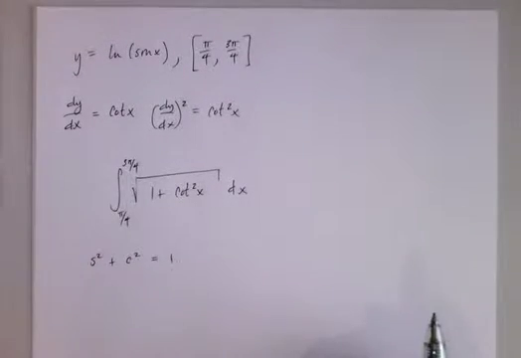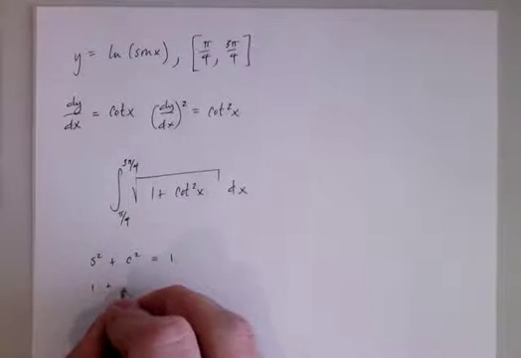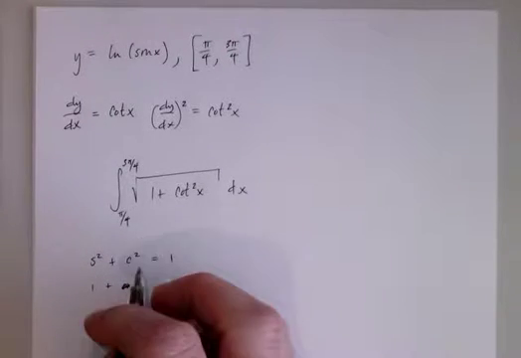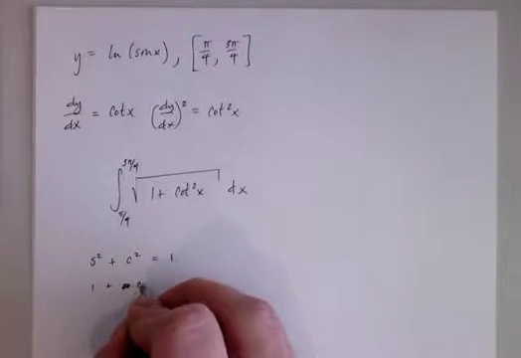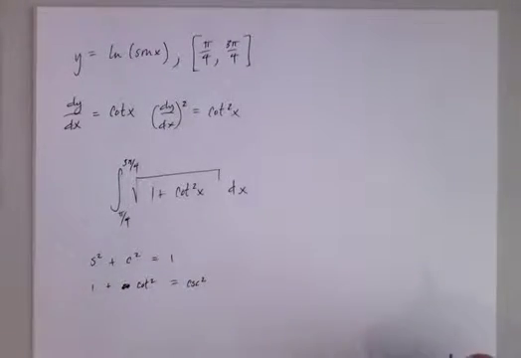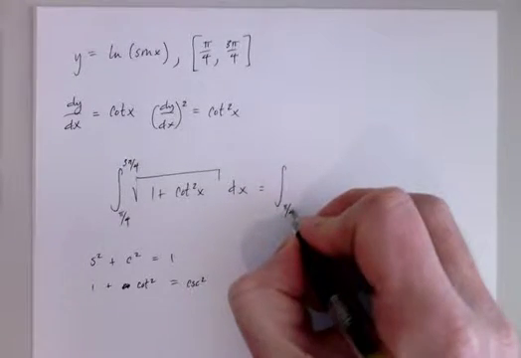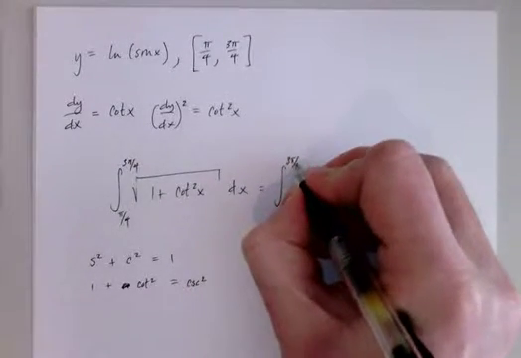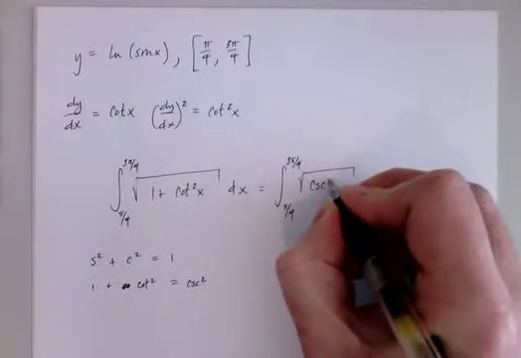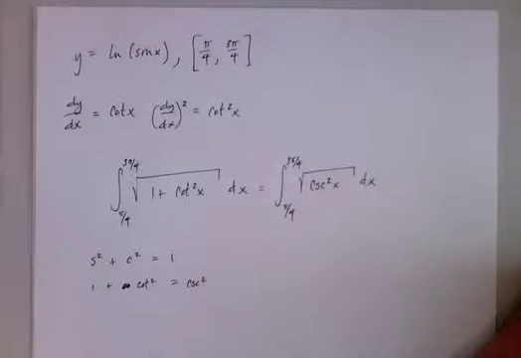And if I want cotangent, I have to divide everything by sine squared, which gives me 1 plus cotangent squared, which is exactly equal to cosecant squared. So I could actually turn that into the integral from pi over 4 to 3 pi over 4 of the square root of cosecant squared x dx. Okay.